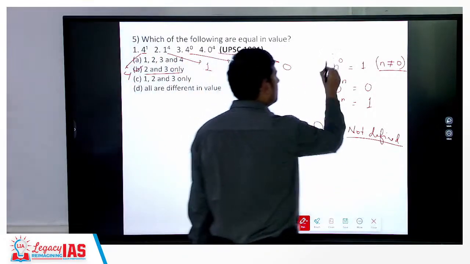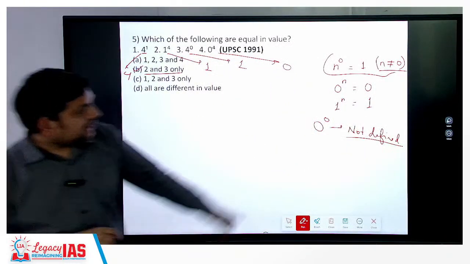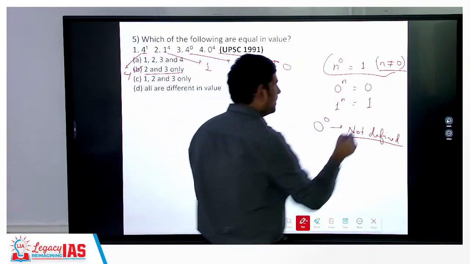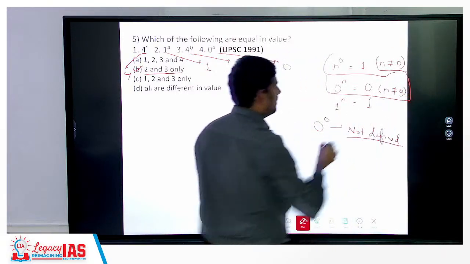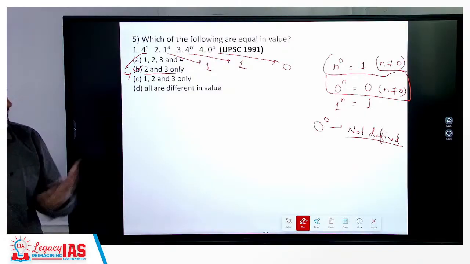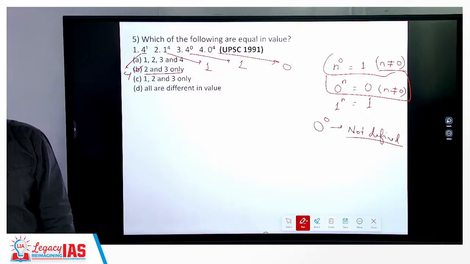Second case, 0 power n. Same thing. So it holds for all n except when n is equals to 0, because 0 power 0 is not defined.